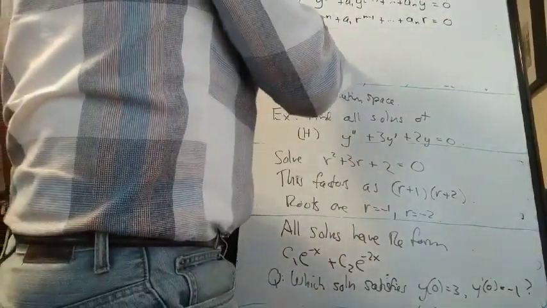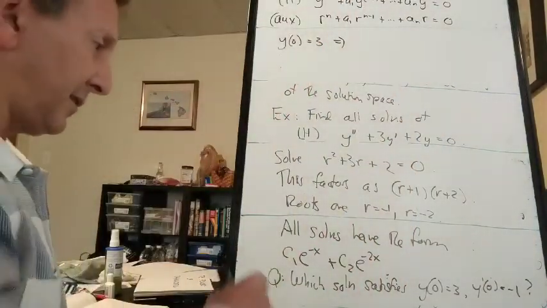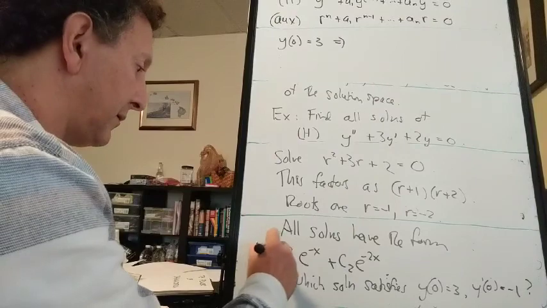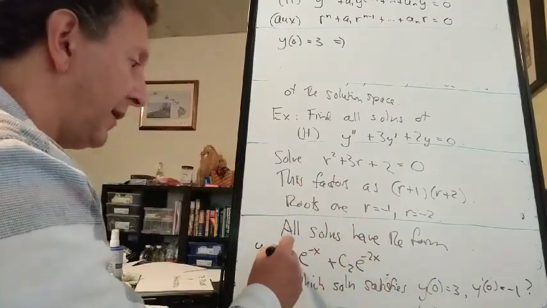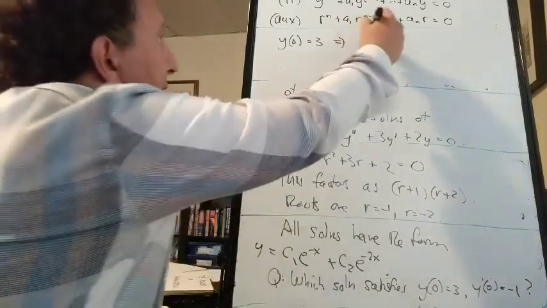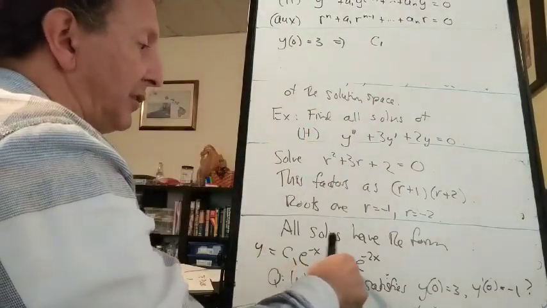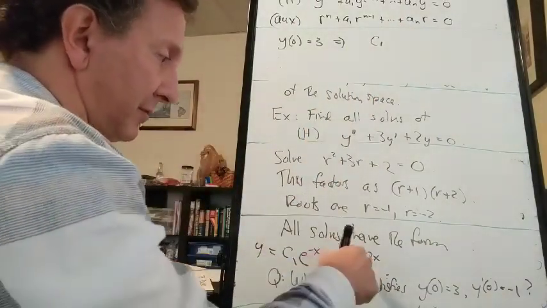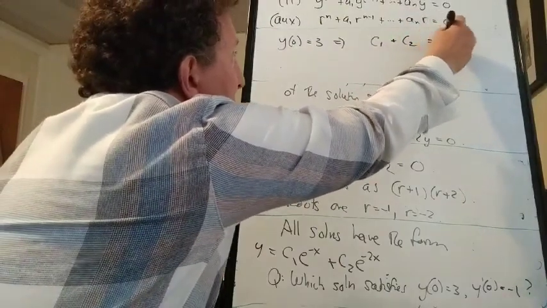Well, y of 0 equals 3 means that, well, if y is this, and we plug in x equals 0, we have C1 e to the 0th, which is just 1, plus C2 e to the 0th, which is just 1, so C1 plus C2 equals 3.